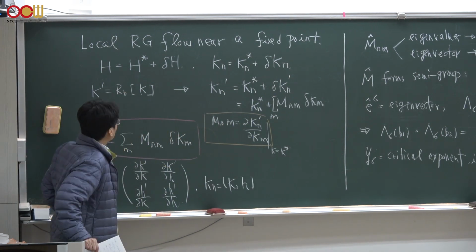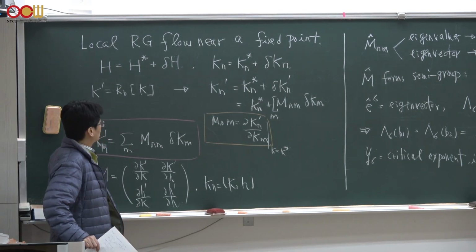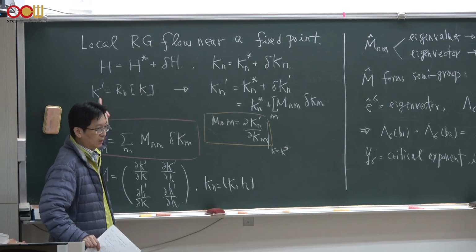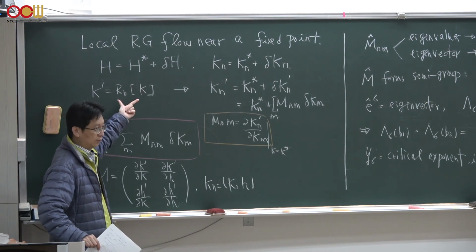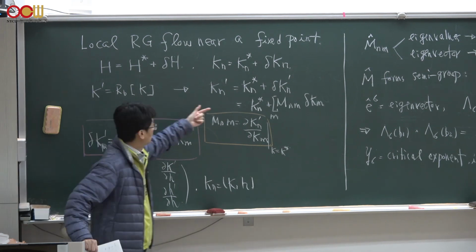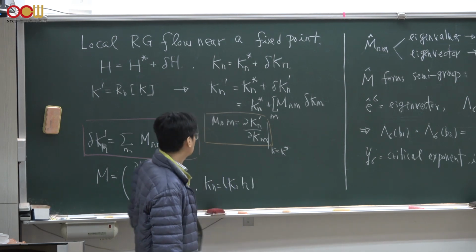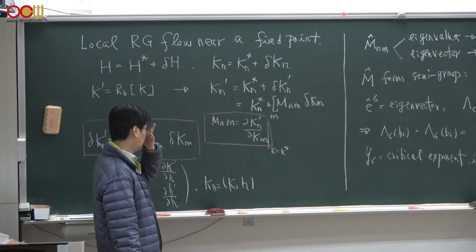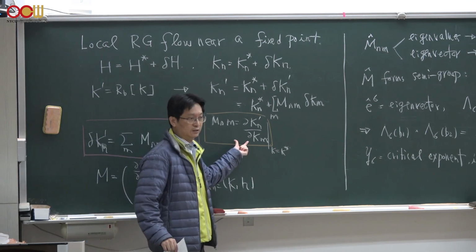And we could perform this RG scaling or RG transformation near that fixed point so that Kn becomes Kn prime, and Kn prime is the transformed coupling constant set. But we know that this delta Kn prime should be very close to delta Kn. They differ only by some kind of linear equations from this Taylor expansion.